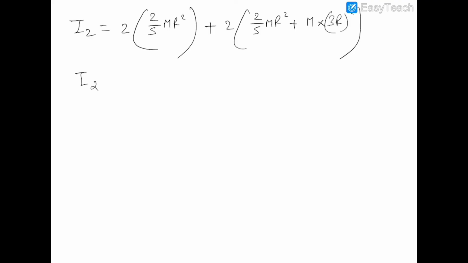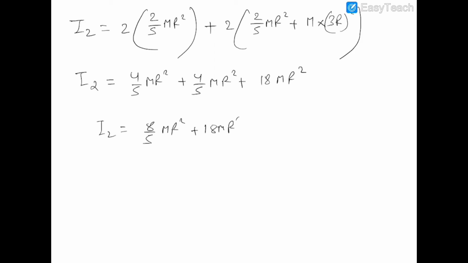So I2 would be 4 by 5 mr square plus 4 by 5 mr square plus 9 into 2, 18 mr square. So I2 would be 8 by 5 mr square plus 18 mr square, so I2 would be 98 by 5 mr square. So this is the moment of inertia of this system about the given axis.